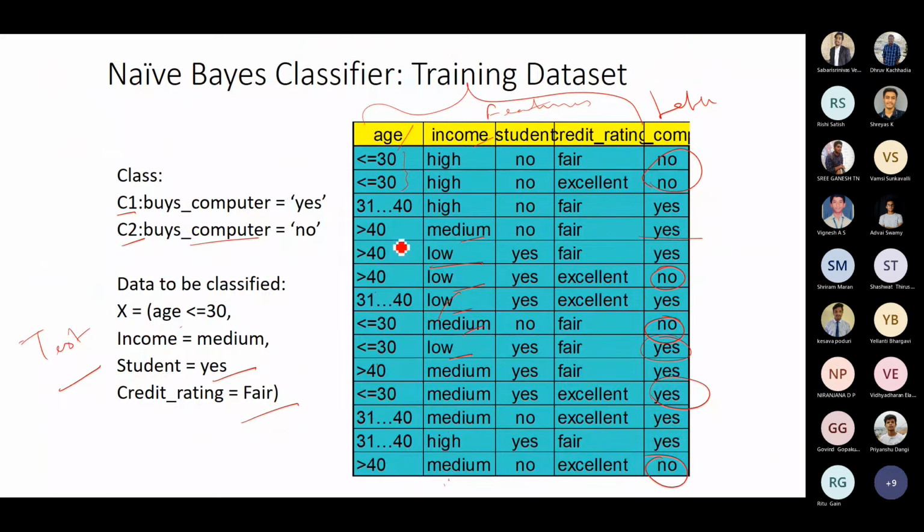So here also I didn't consider greater than 40. You have to consider greater than 40 also and keep the probabilities ready. You have to consider here income as high, medium, low, all 3 probabilities and keep it ready. My data to be classified is only this number, so I'm just looking at only those values. Typically your model will have all these probabilities to be computed.